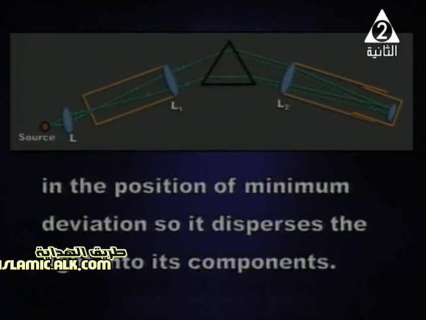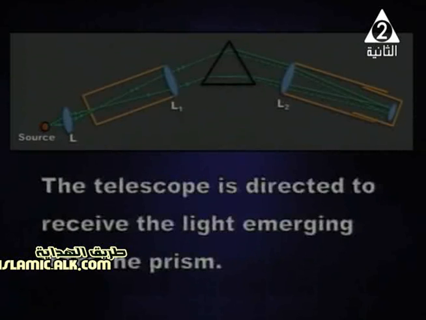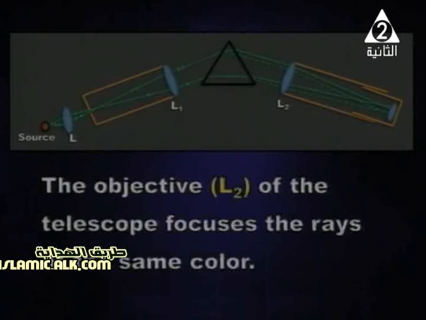So the prism disperses light into its components, and the telescope is directed to receive the light emerging from the prism. The objective lens of the telescope focuses the rays of the same color.